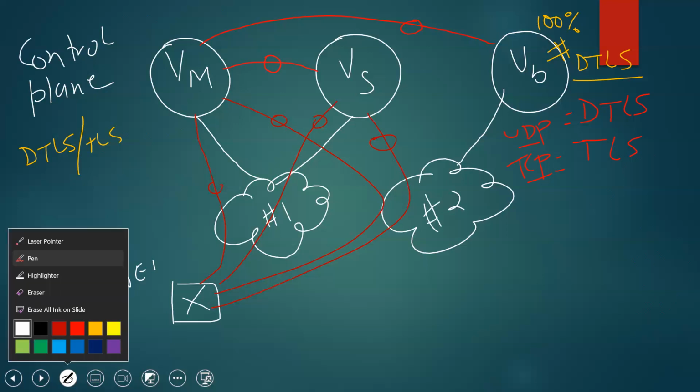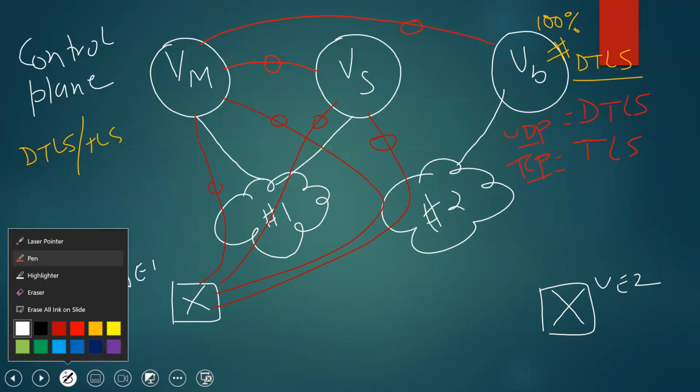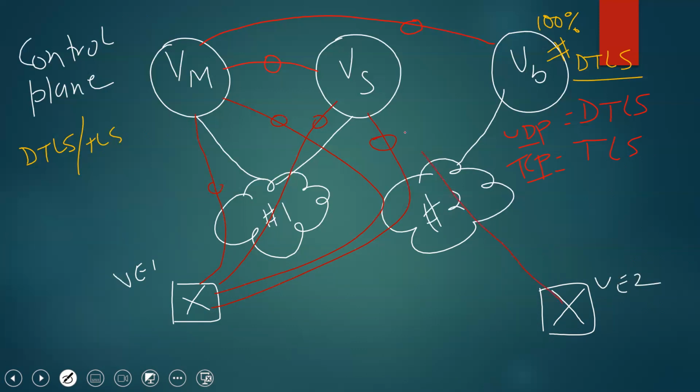Once you watch this video, you can draw a similar diagram like that, because it is going to get complicated now. So if I go and draw vEdge 2 here, and for vEdge 2, I draw the control connection to reach both the ISP, obviously you have the control connections. Even for the vManage also, I'm drawing two connections here.